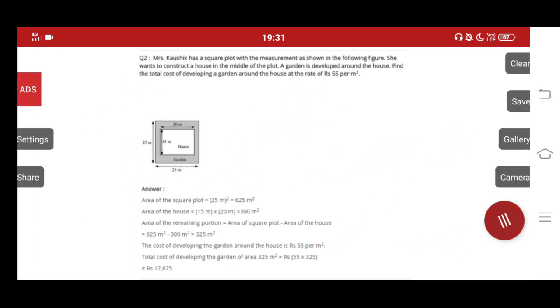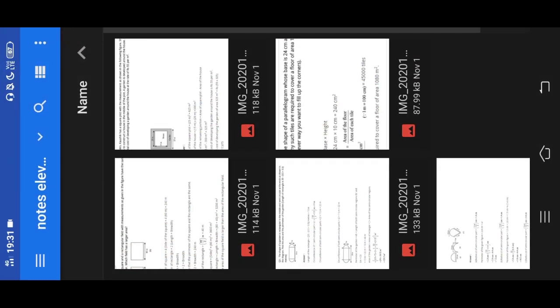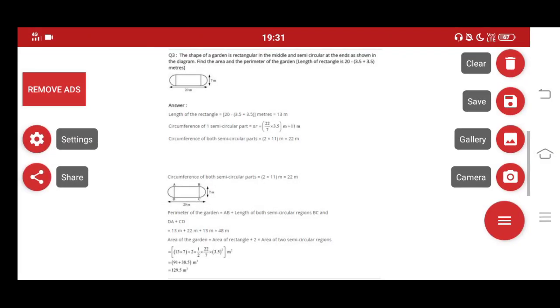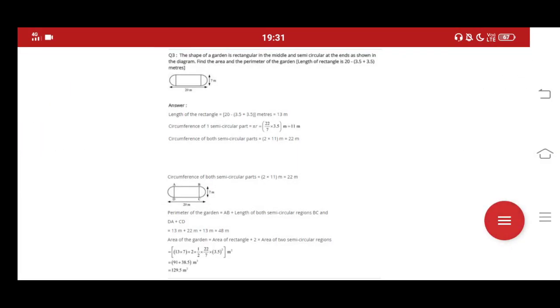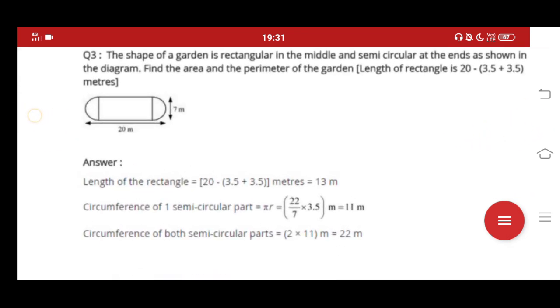Now let us see what is given in question number 3. This is quite a lengthy question, but see here, there are 2 shapes given. First you can see this is a rectangle and this is a semicircular part. Let me tell you first what the circumference is.